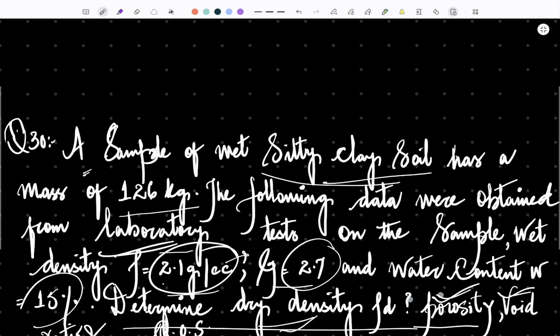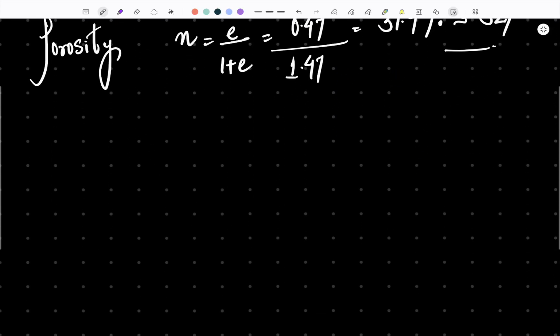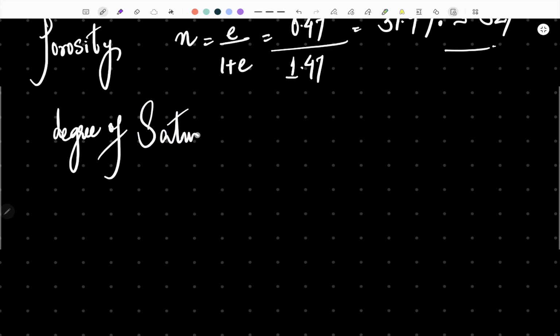Now the last thing that needs to be found is the degree of saturation. Degree of saturation, denoted by S, is a ratio between volume of water to the volume of voids.